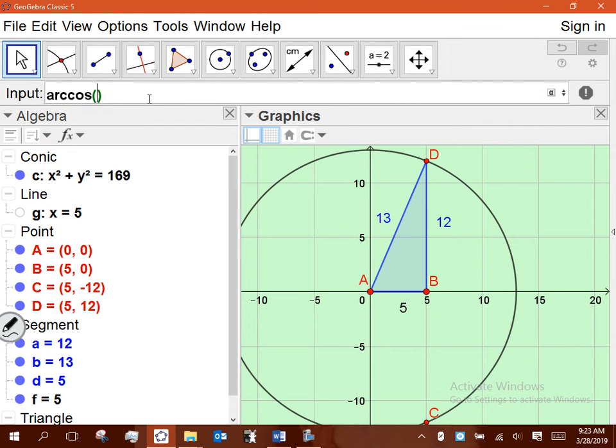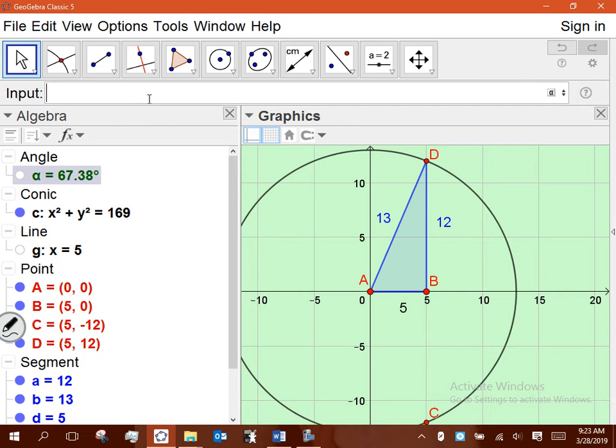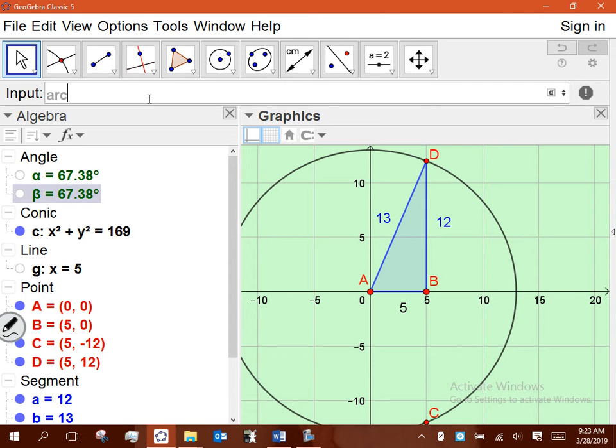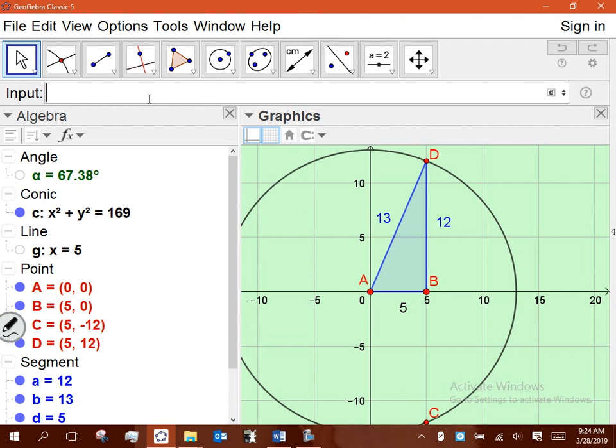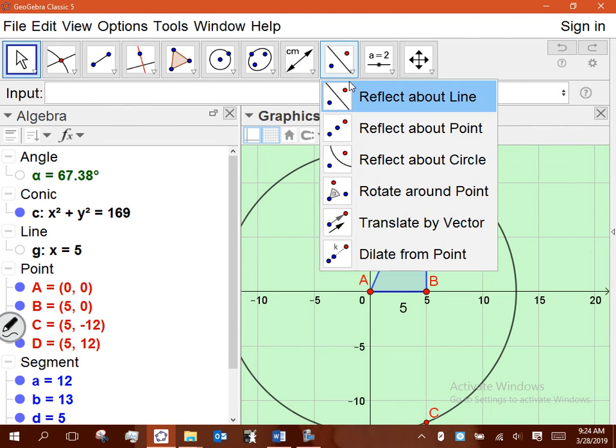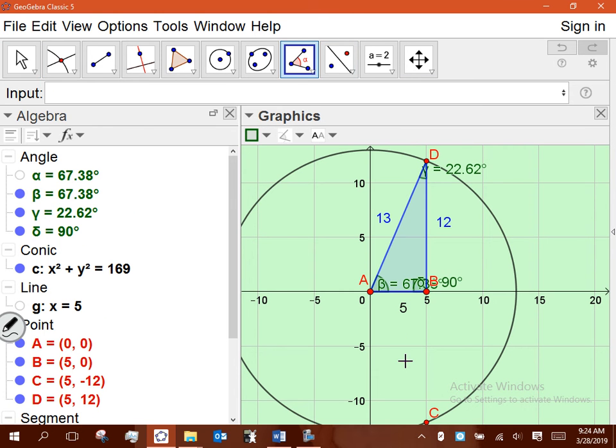Arc cosine of 5/13 gives me that angle right there, or I could go arc sine of 12/13, same angle, or arc tangent of 12/5, same angle, right? So it doesn't really matter which one I use, but right now I know, and you know, that that angle is 67.38 degrees. Okay? I don't want these other two here.